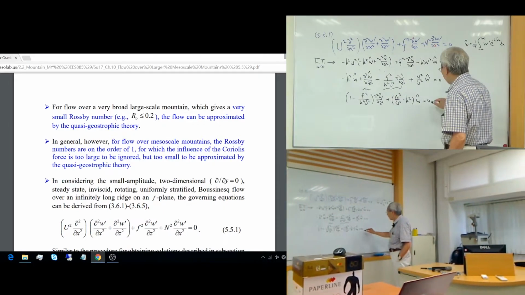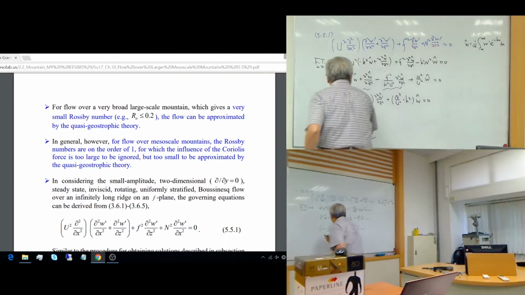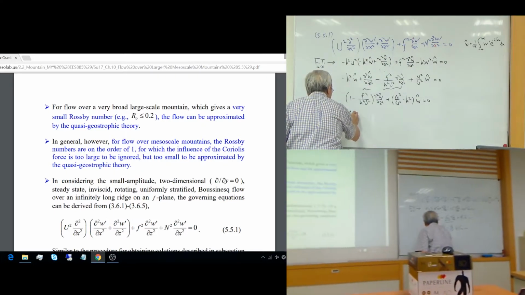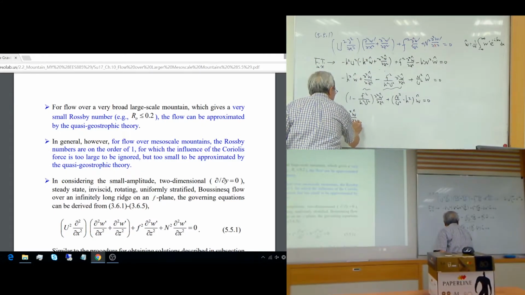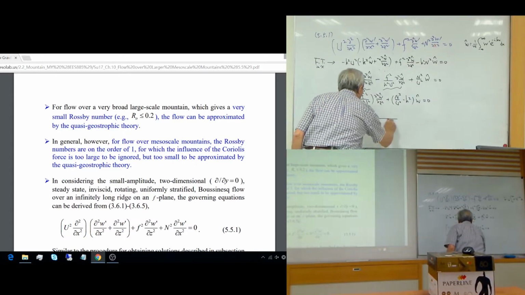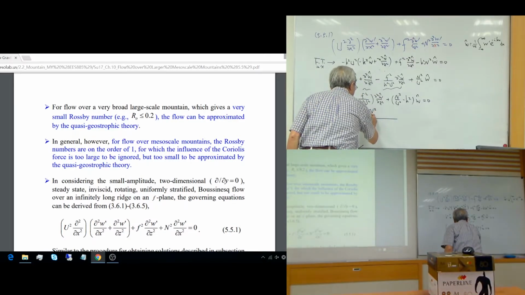Okay, so this will give us d squared w hat over dz squared plus N squared over U squared minus k squared, over 1 minus f squared over k squared times U squared, w hat equals 0.